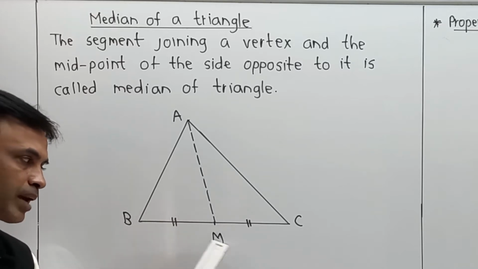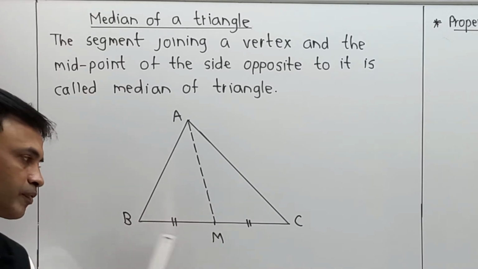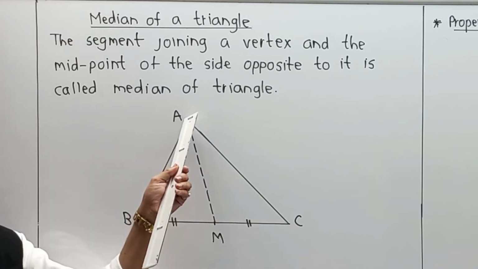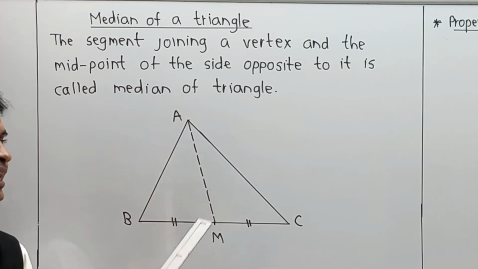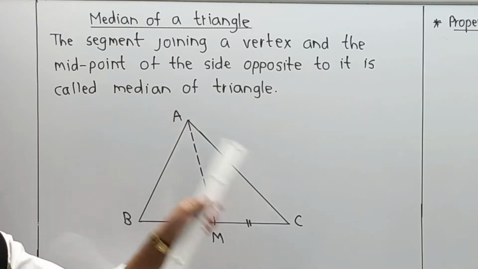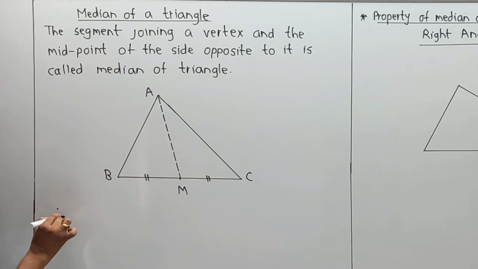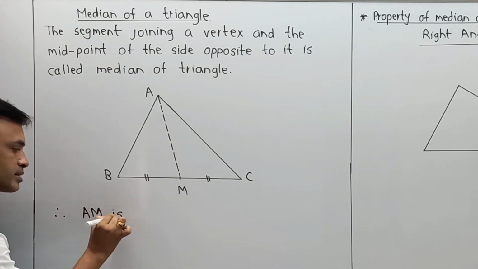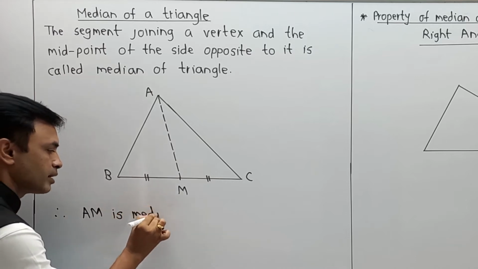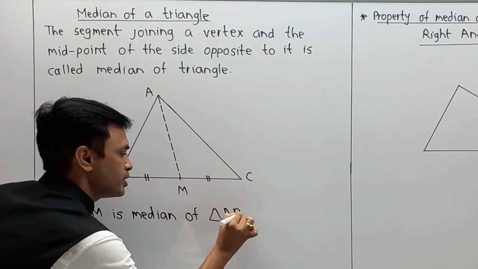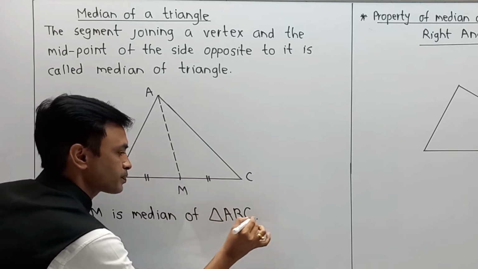Means if M is the midpoint of BC, and we have drawn a line from the vertex opposite to that side to the midpoint of that side, then that segment is called a median. Now here AM is a median for triangle ABC. So the first part, therefore AM is the median of triangle ABC over here.